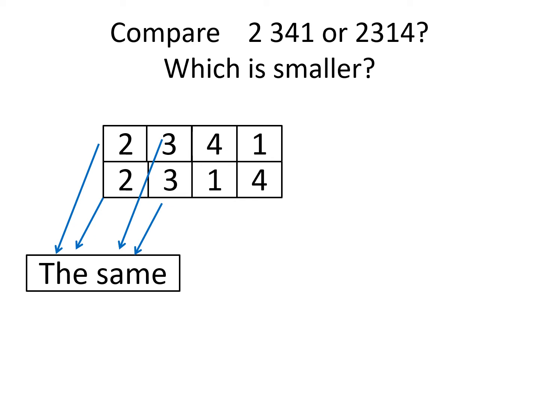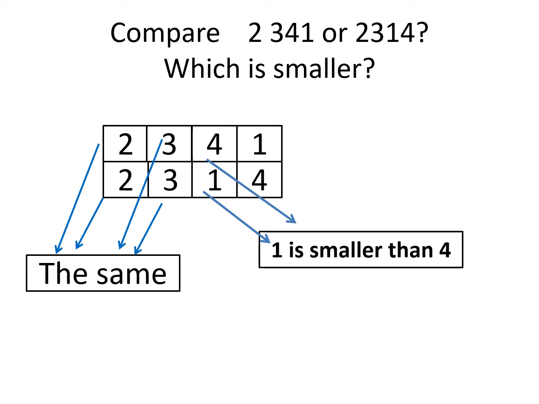Now you look at the next number. It is 1 and 4. You see a difference of the numbers? Which is 1 is smaller than 4. So the question says which one is smaller? So you don't have to carry on. You know already that 1 is smaller than 4.